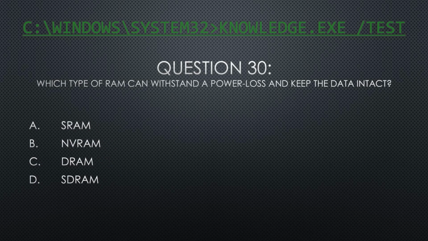Question number 30. Which type of RAM can withstand a power loss and keep the data intact? A. SRAM. B. NVRAM. C. DRAM. And D. SDRAM. B is the correct answer. NVRAM stands for non-volatile RAM and is backed by a long-lasting battery in case of power outage.